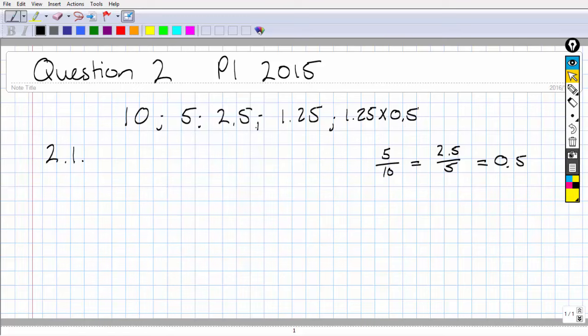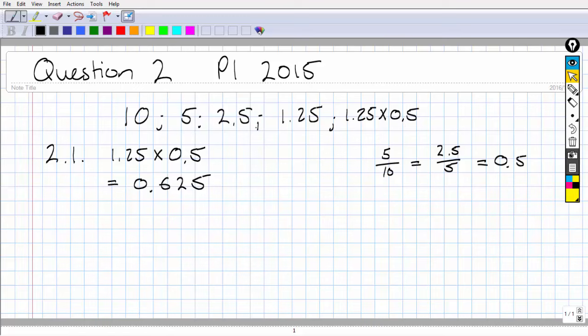Or you can say, well, we've got a half as a common ratio, so we multiply by our common ratio. And you're always going to multiply by your common ratio or divide by the fraction. So we get 1.25 times 0.5, which equals 0.625.